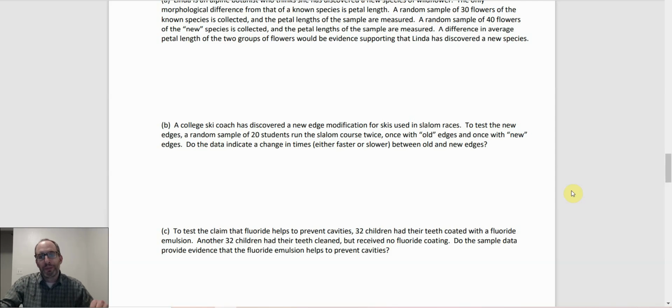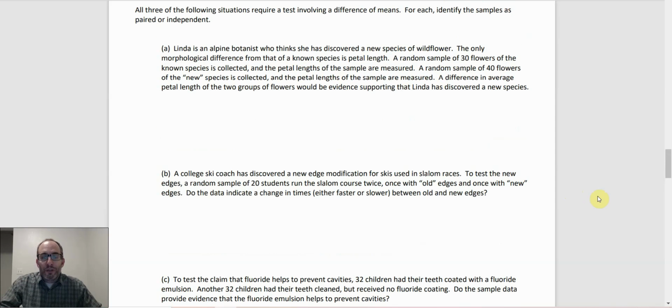Okay. First things first, if you're going to be able to pair up the data, however you're going to do it, whether it's like before and after measurements on the same set of individuals, whether it's two separate groups that are paired up somehow, you'd have to have the same sample sizes. Otherwise, you couldn't pair everything up, right?